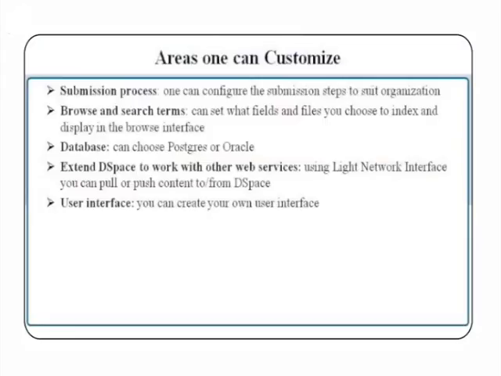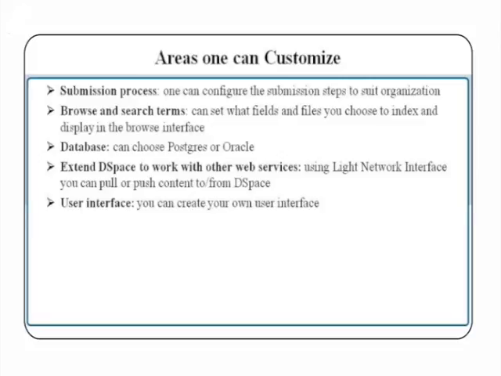DSpace provides various flexibility and customization options. The areas that can be customized are the submission process, in which one can configure the submission steps to suit the organization. One can also customize browse and search terms, in which fields and files can be chosen to index and display in the browse interface.